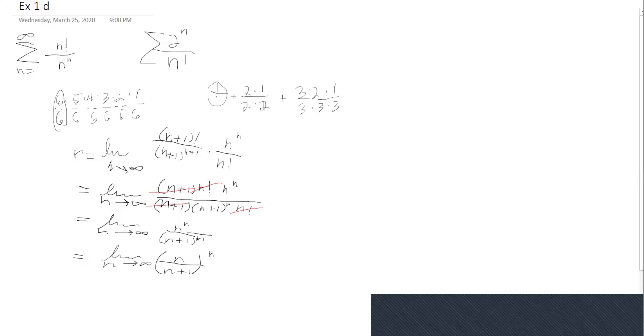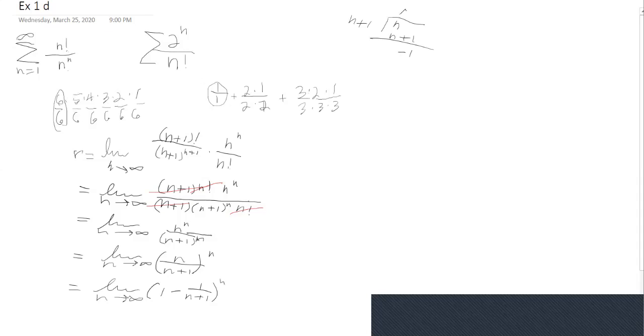Let me just take it over here on the side. I'm going to divide like this. We have a 1 and a 1, or an n plus 1, so I have a minus 1 here. So back down here we have the limit as n goes to infinity of (1 minus 1 over n plus 1) to the n.